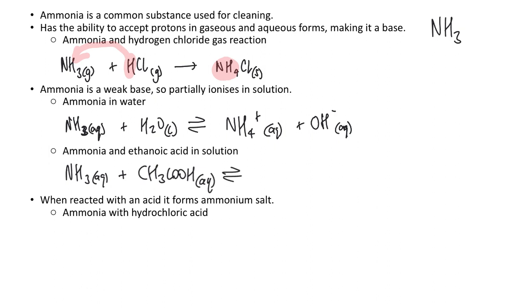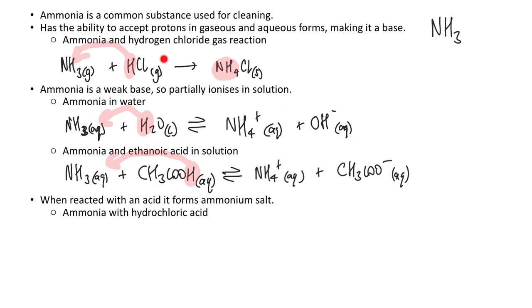This proton is donated to that substance over there, just like this proton was donated over here, to form NH4 plus aq and ethanoate ions, CH3COO minus aq. So ammonia is again accepting the proton and turning into ammonium, NH4 plus, and since it's a weak substance, it will have the double arrow.